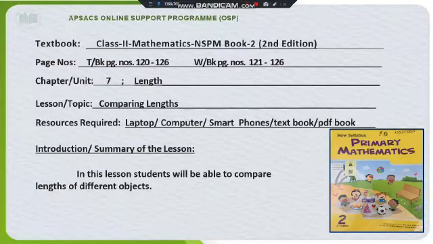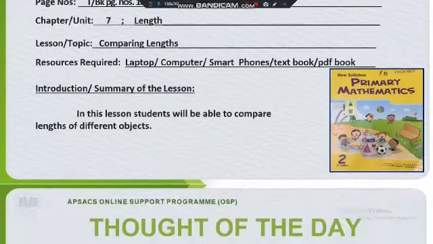The chapter number is the same, 7 Length, but the topic today is comparing lengths. The resources required are a laptop, computer or smartphone along with the textbook or PDF book. Now, students, you will be able to compare lengths of different objects at the end of this lesson.